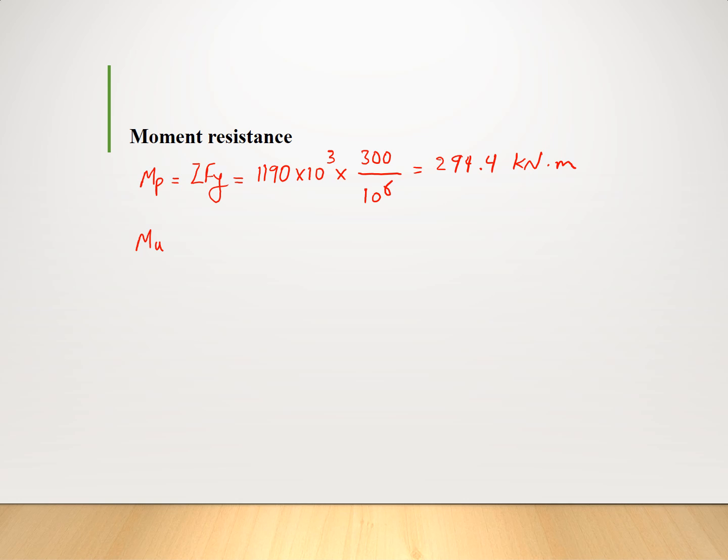Okay, so Mu. Mu is equal to omega 2 times pi over L square root of E Iy G J plus pi E over L squared times Iy Cw.